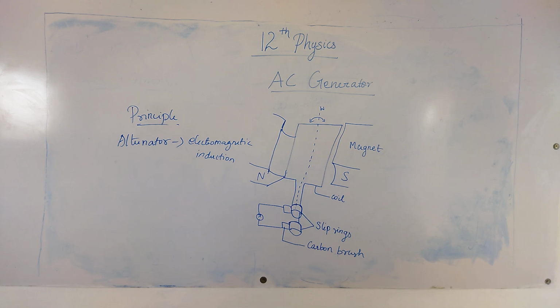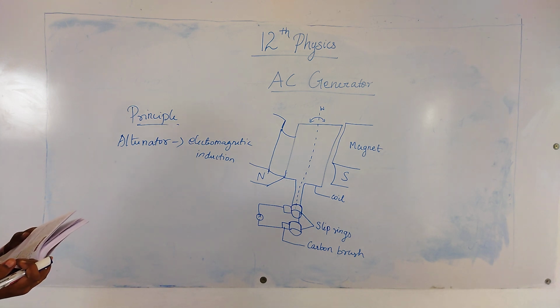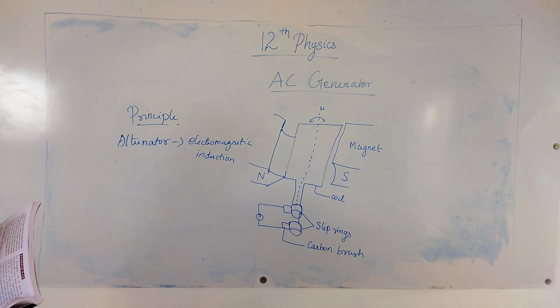The magnitude of the induced EMF is given by Faraday's laws of electromagnetic induction, and the direction of current is given by Fleming's right-hand rule.